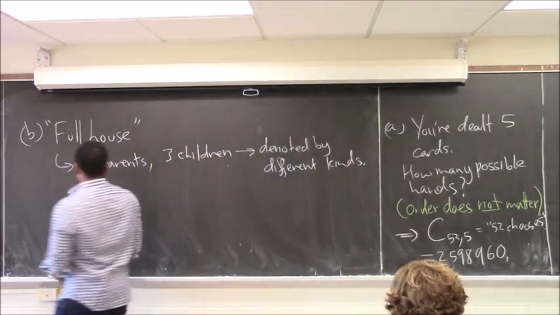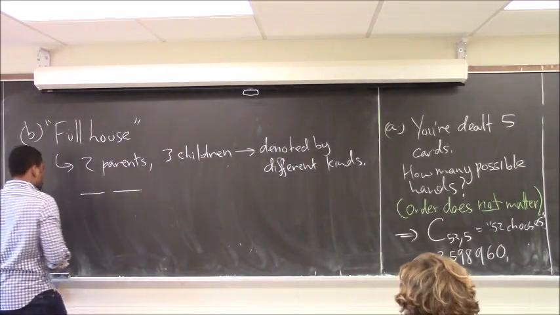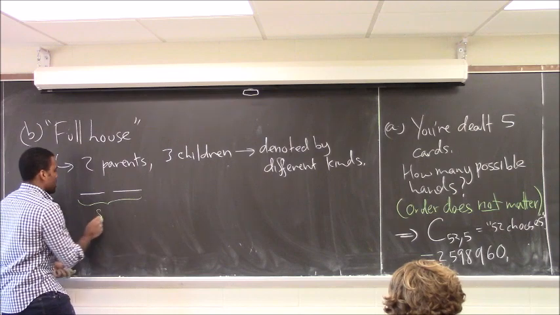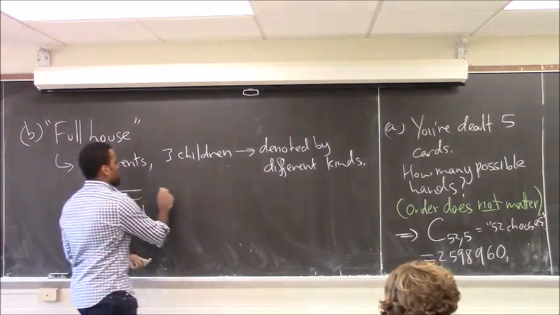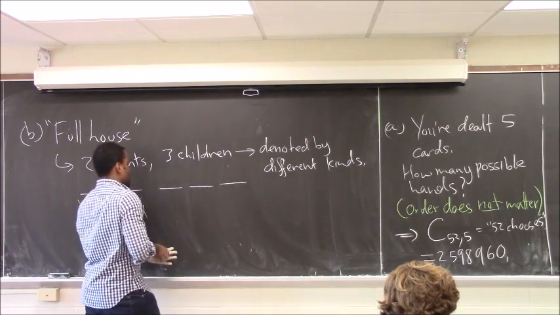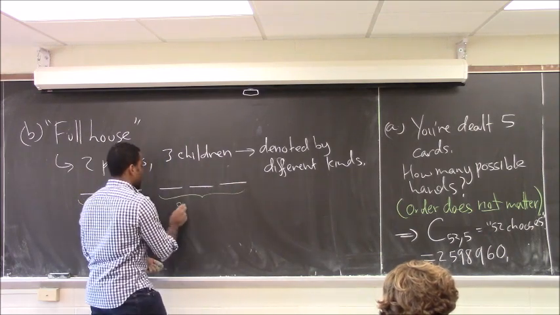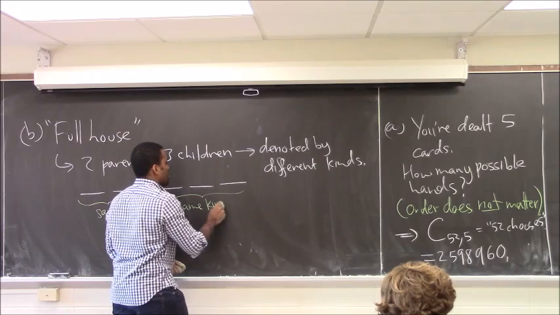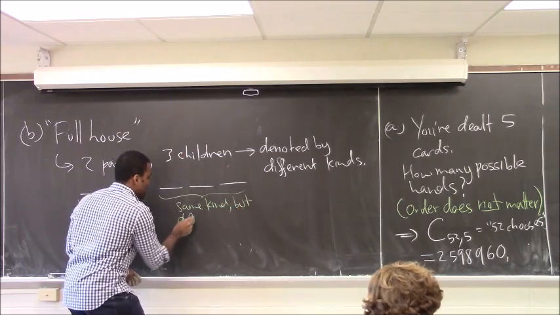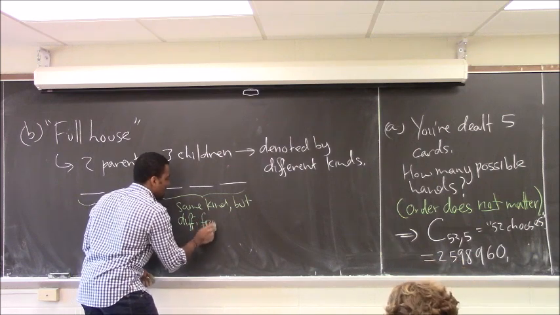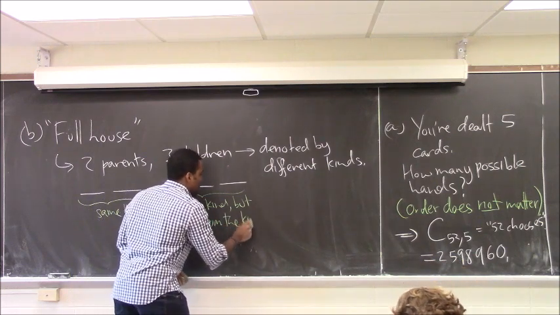Here, these 2 are of the same kind, and then you have 3 other cards that are also of the same kind, but of course different from the kind of the parents.